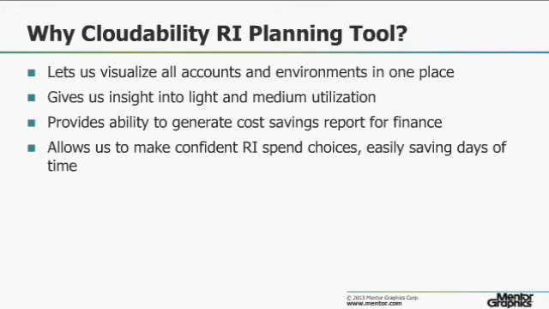Bear in mind that when you're buying a reservation, you're not purchasing that for a specific instance. You are purchasing it for a type of instance in a certain availability zone with a particular OS. So any instance that is running in that availability zone that meets the criteria could have it applied.